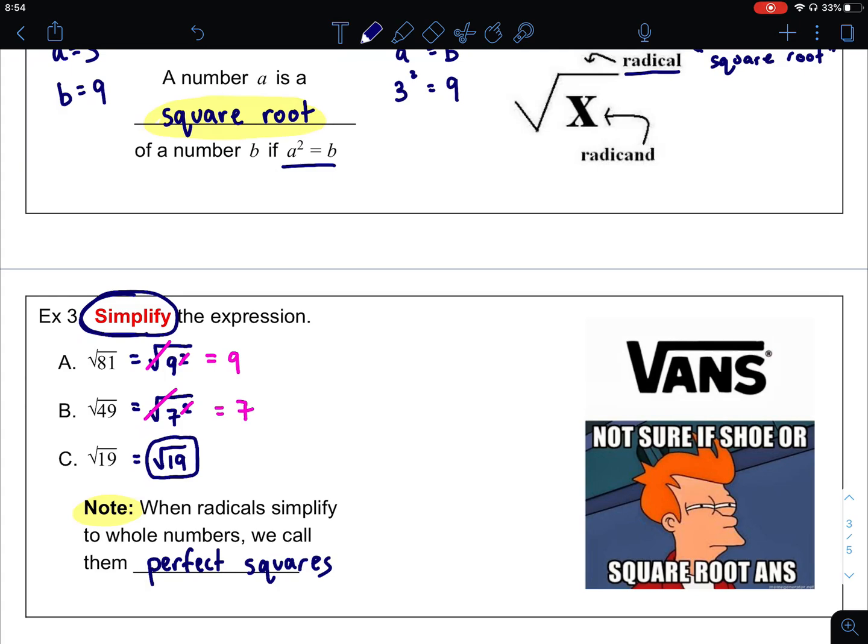And then you can't write down an infinite number of digits, so you'd have to round it, and in doing that, you actually change the meaning. So whenever it says simplify, and we have a radical that's not a perfect square, so we cannot simplify it, we're going to leave it as is for now, and that will be fully considered simplified.